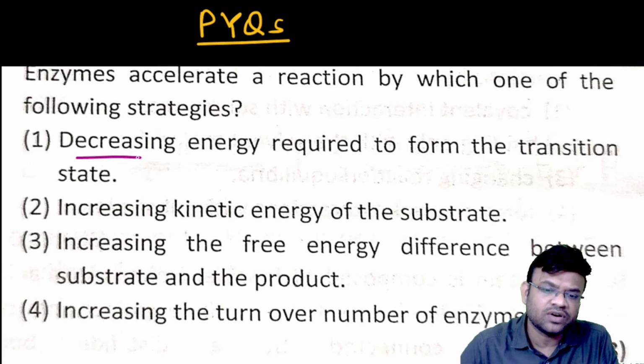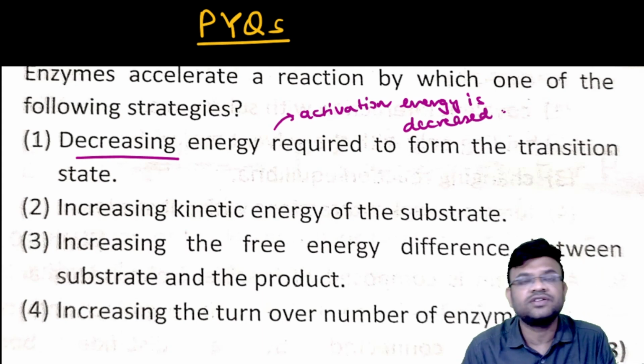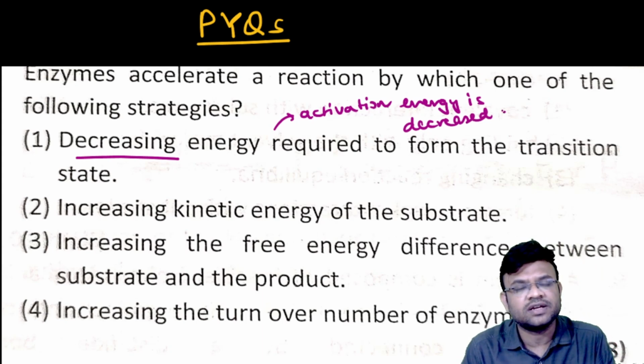I already said that the activation energy gets decreased over here. Activation energy is only the energy that is required to form the transition state, so obviously the activation energy would be decreased.